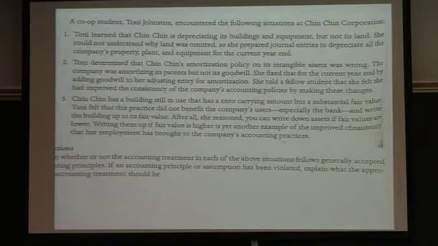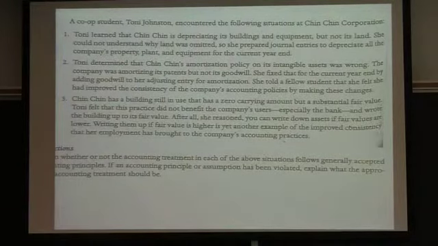Land does not decline over time in its usefulness or economic benefit. Oftentimes the usefulness of land is indefinite because of its finite nature. Therefore, it would be incorrect for the co-op student to depreciate the land. Okay, so that's the answer for the first part.